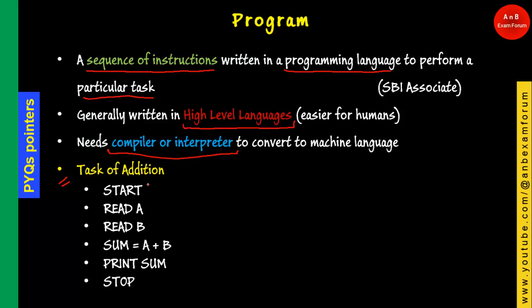Okay, so this is basically a program. So as we have seen, program is a sequence of instruction. So all these are instructions and these are written in a programming language. So this is one pseudo programming language, and it is performing a task. What type of task? Addition. Okay, so a program is anything which is used to solve a particular problem of the human being.